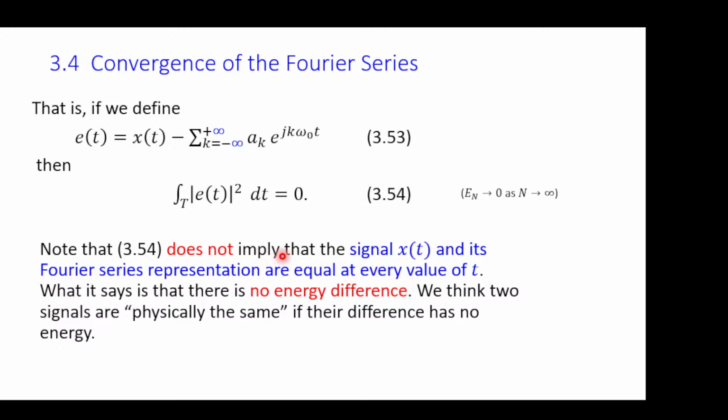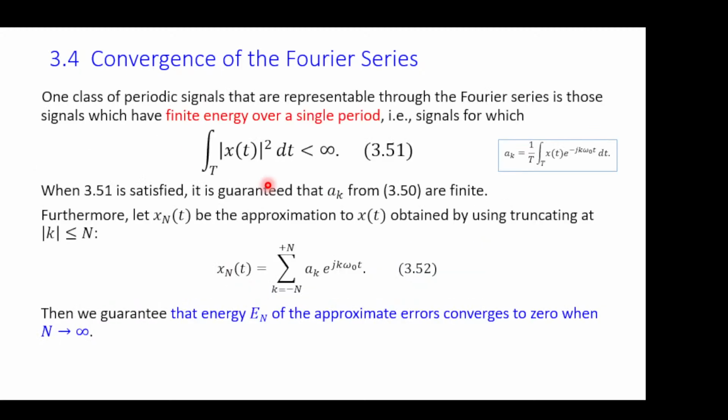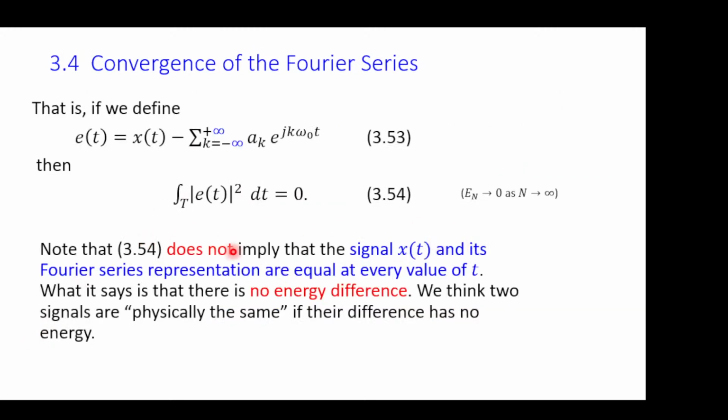You might say converge means that your x(t) and this x_N(t) should become the same at every t when n goes to infinity. That might be something you think of as convergence, but that's not what we are getting here. We are just saying the energy of the difference is 0. We might want this difference to be 0 at every t, but that's not what we get. We're just saying the difference has no energy.